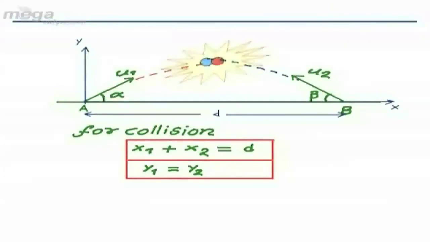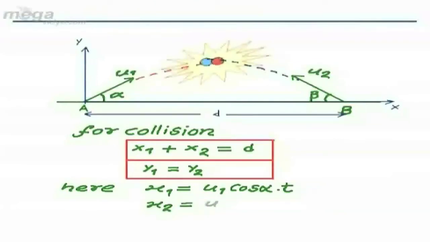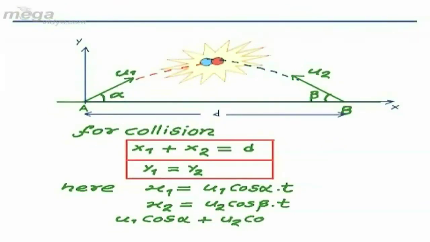So we are using values of x1 and x2: x1 is equal to u1 cos alpha into the time t, and x2, in magnitude only, is u2 cos beta into t. By using these two equations, we can write that u1 cos alpha plus u2 cos beta, into time, must become equal to d.